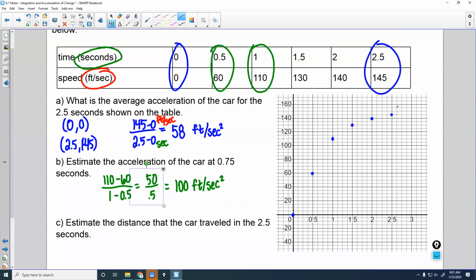So, just based on what I know about a car accelerating, I would assume that this is probably going to be a smooth curve, right? Unless you got a crazy driver. I guess if you got somebody that's really bad on gear changes or something, you might have some jerky things happening here.